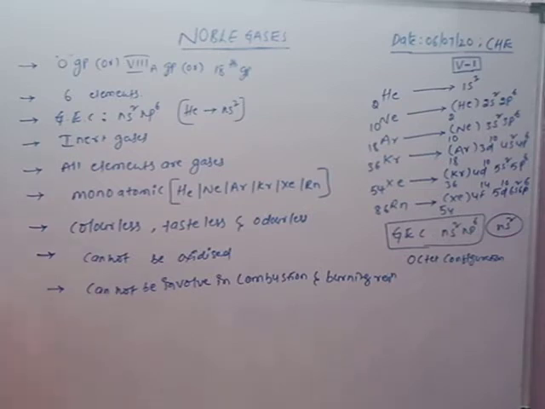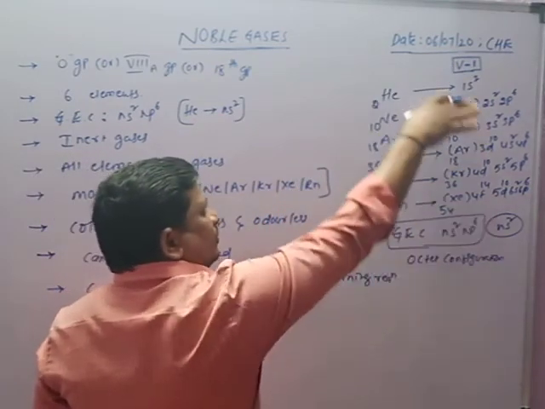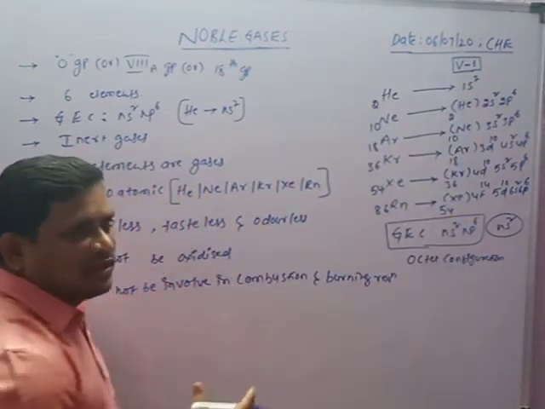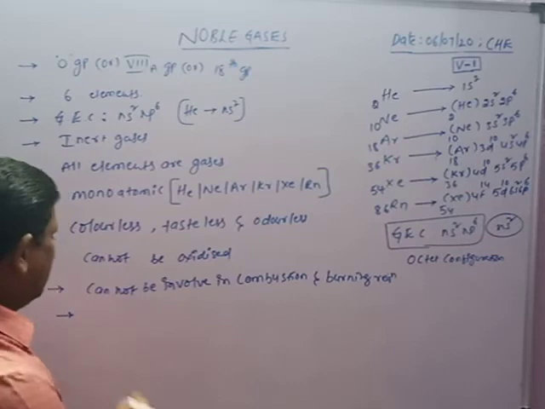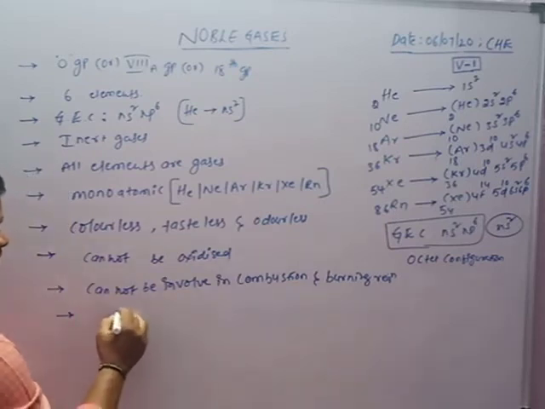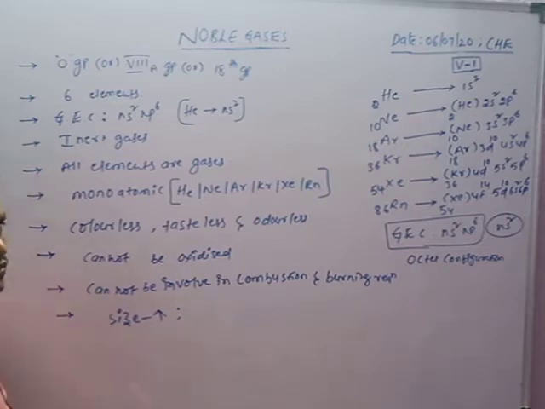Next, some characteristic properties of noble gases. Down the group, from top to bottom, atomic number increases and atomic size increases.